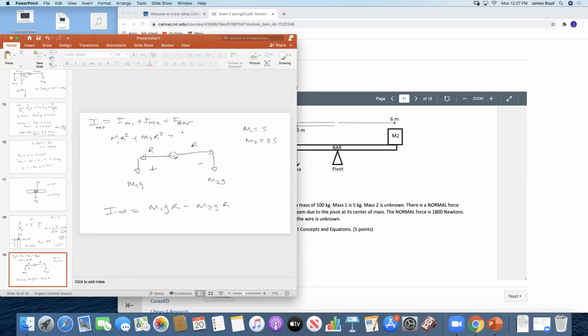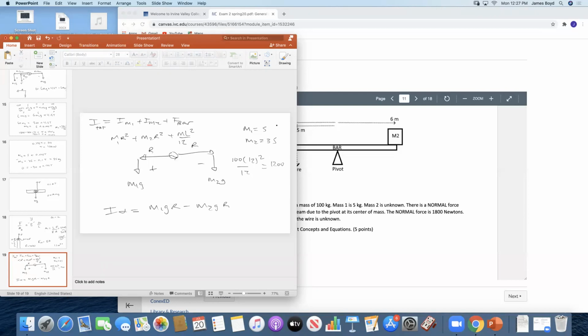And then the bar is M L squared over 12, since it's a bar about its center. M of the bar was 100. The length is 12. It's 100 times 12 squared over 12, or 12 cancels, and I get 1200.